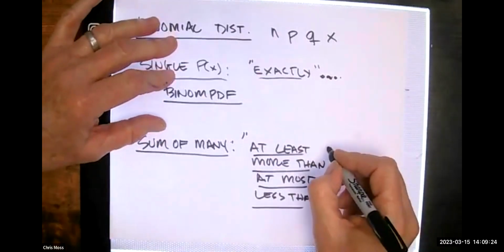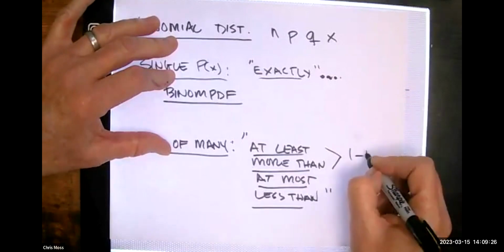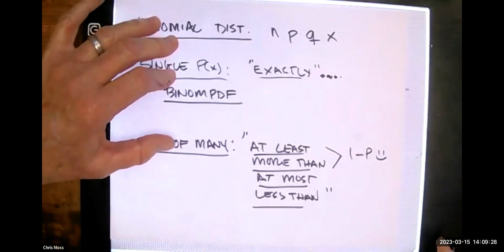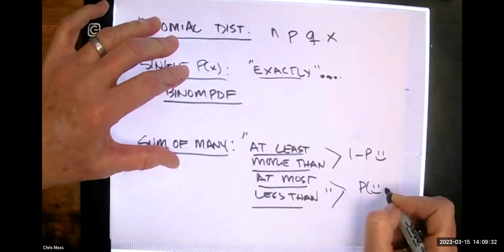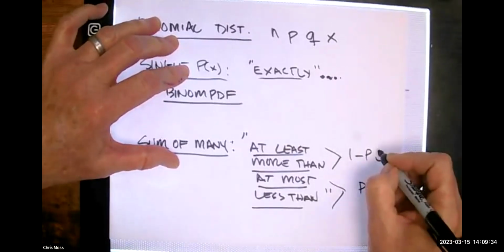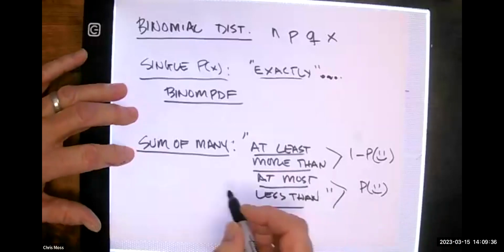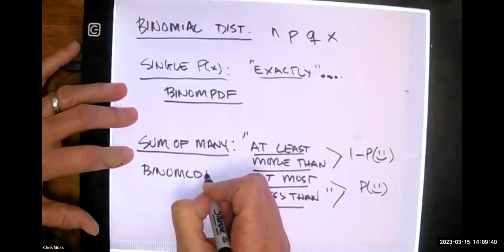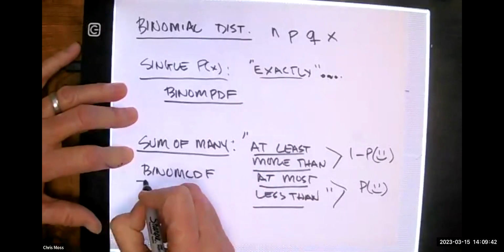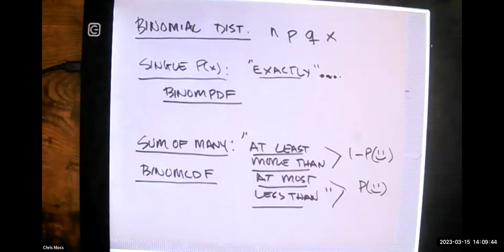The first 2, we need a 1 minus p of some sort. The second 2, we just need the p value. And this is the binomial CDF function. The binomial PDF and the binomial CDF function.